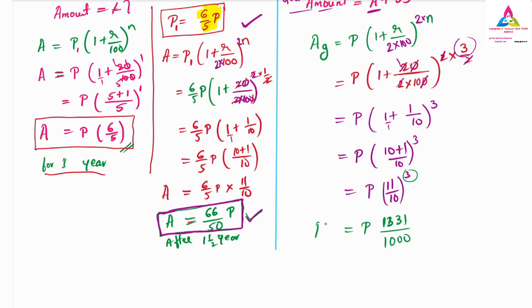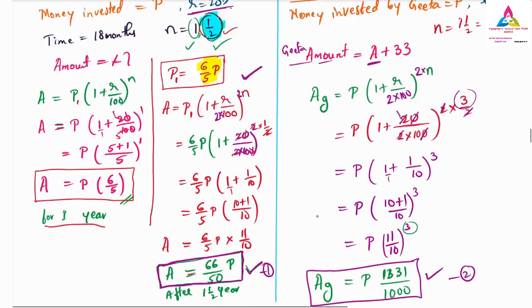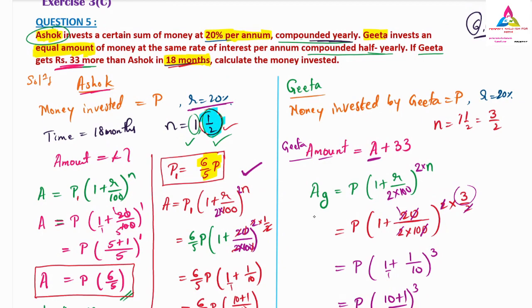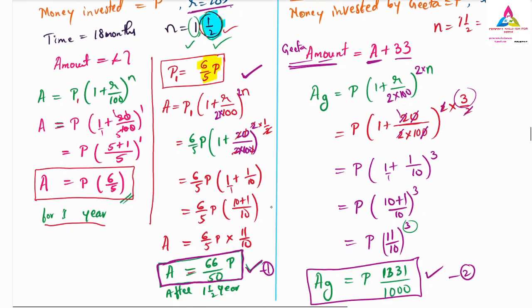So this is the amount found by Geeta. This is also the important part. This and this, the equations, you can write down: amount found by Ashok and amount found by Geeta. There is a relation we have, that the amount found by Geeta is more than Ashok by 33.